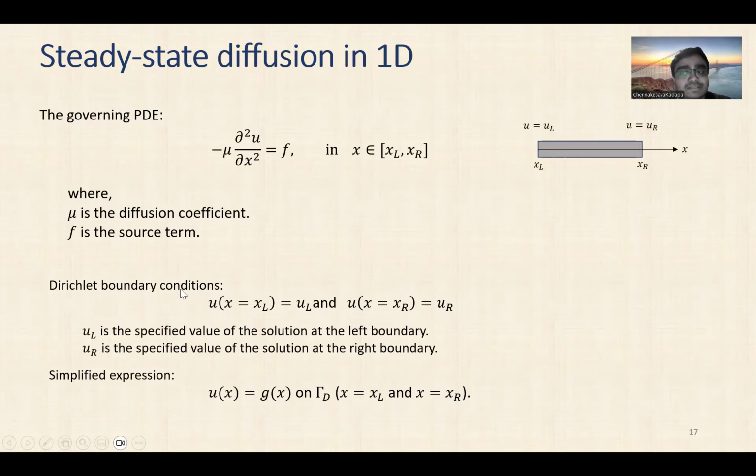So this boundary condition is simplified to u(x) equal to g(x) on the Dirichlet boundary gamma d. This is the only difference compared to the previous example where we had u(x) equal to 0 at both ends.